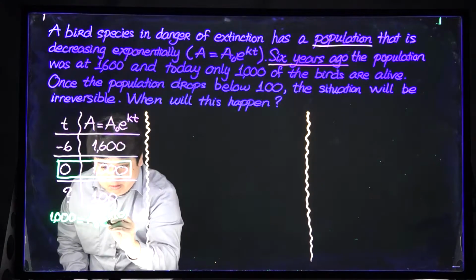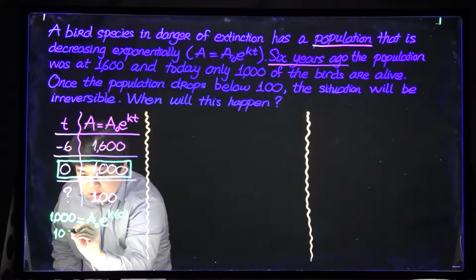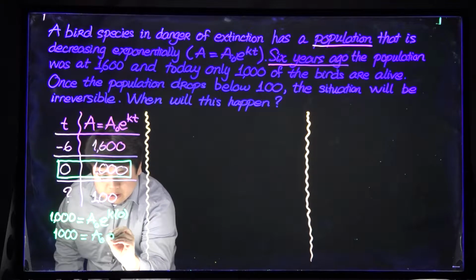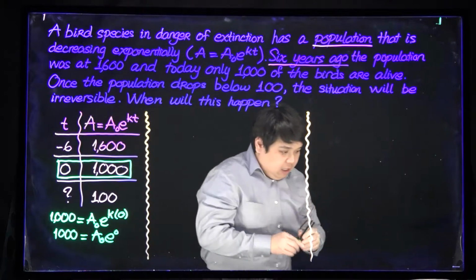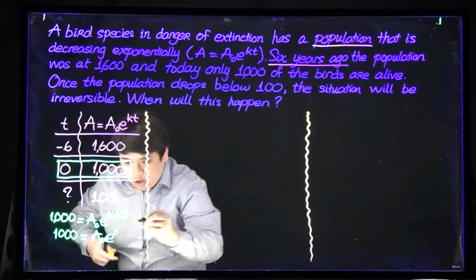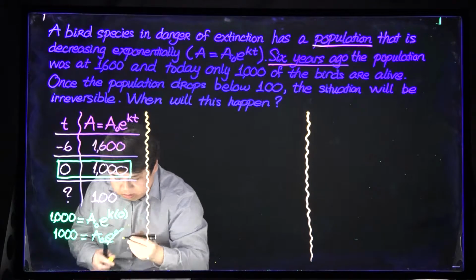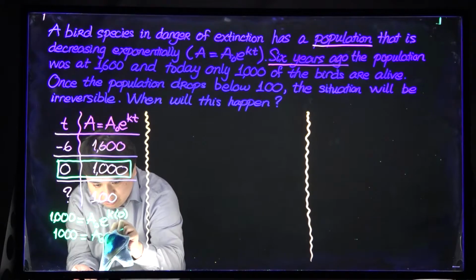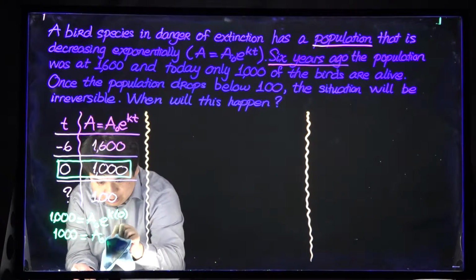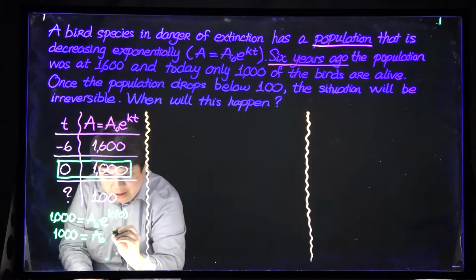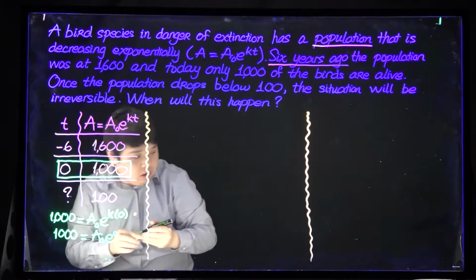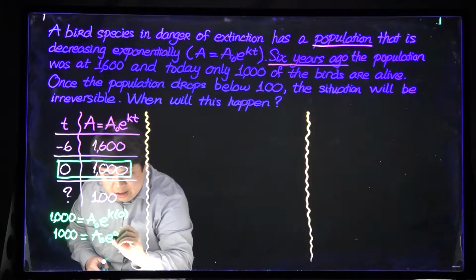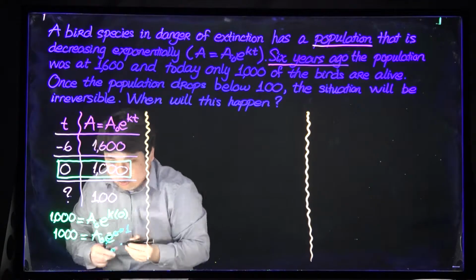So we have 1000 equals A naught, e to the 0 power. e to the 0 power is 1.